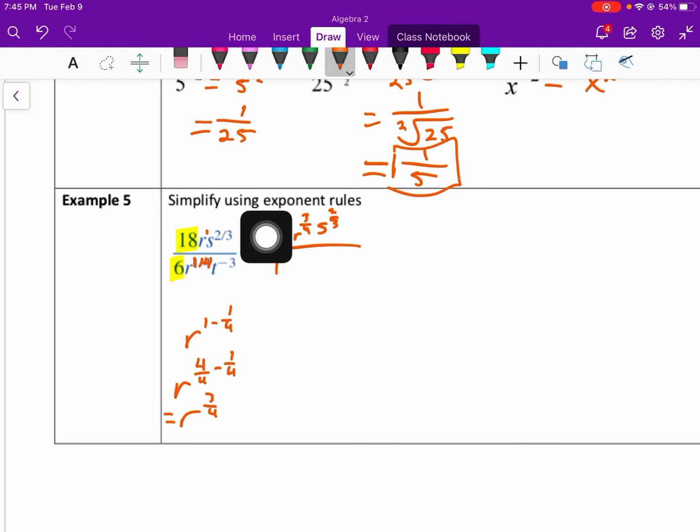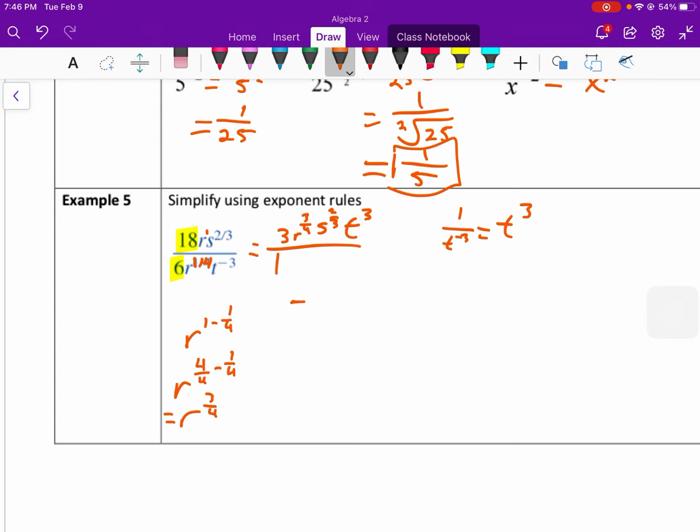And then now we have a negative exponent, so we're going to want to take the reciprocal and bring that t to the negative 3 up. So then we're going to have t cubed, because when we take the reciprocal of 1 over t to the negative 3, the reciprocal is just going to be t cubed.